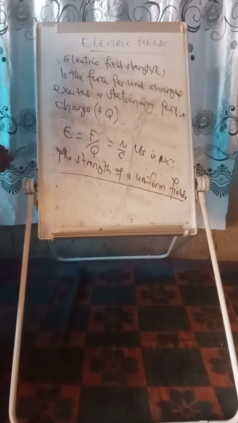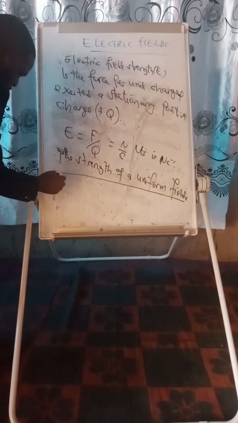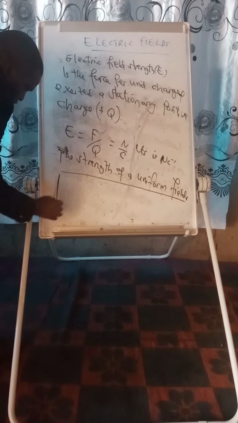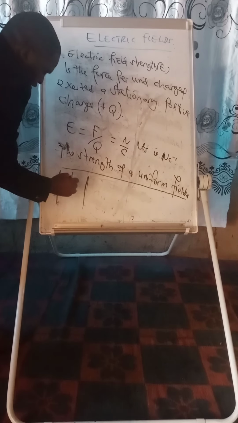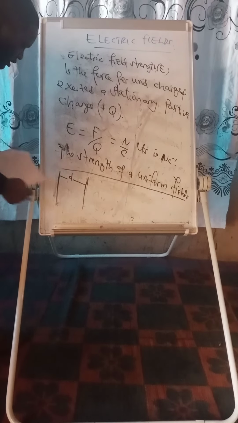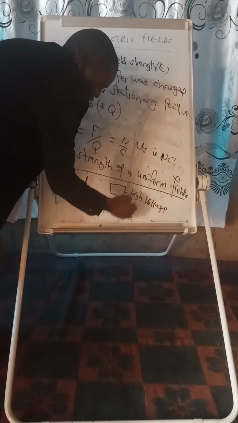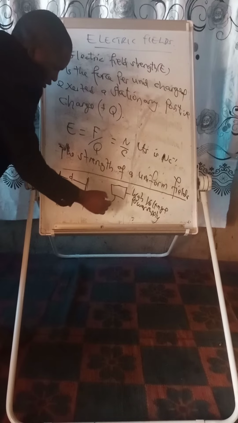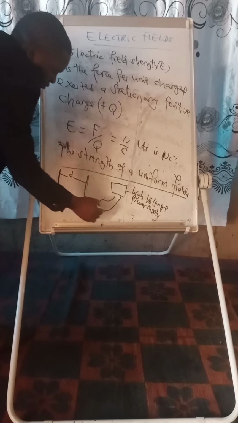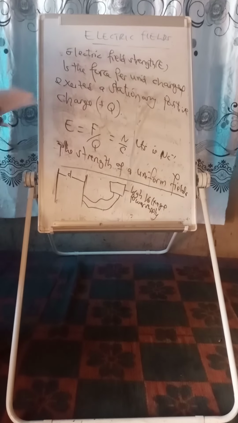Let's say we connect two plates which are separated by D. You connect them to a high voltage power supply, connected to positive and negative.